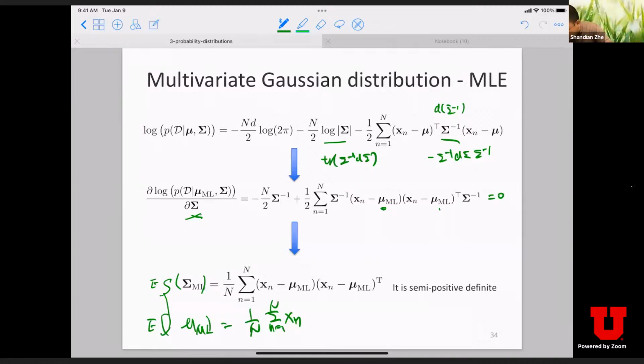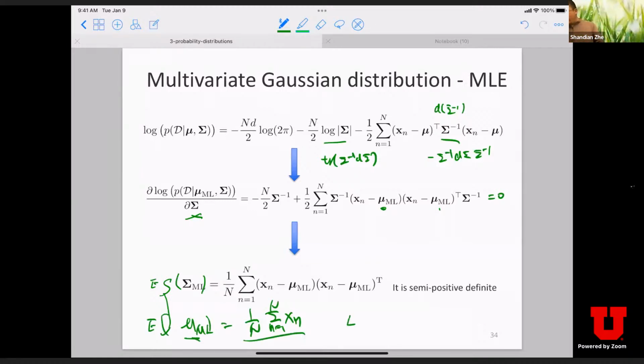So first I will ask, is the maximum likelihood estimation of mu biased or unbiased? Why? Yes, exactly. This is our mu ml.